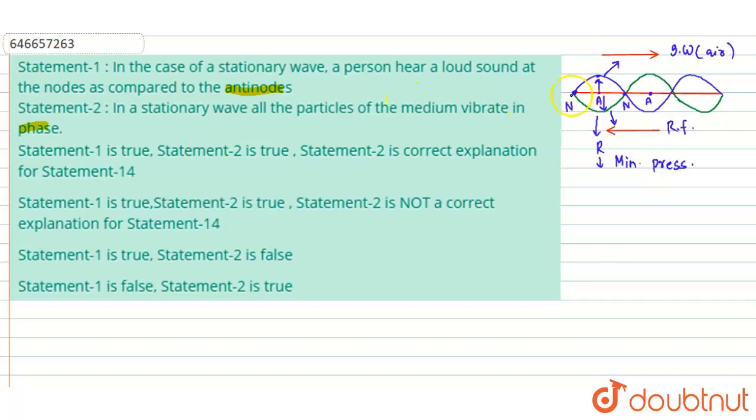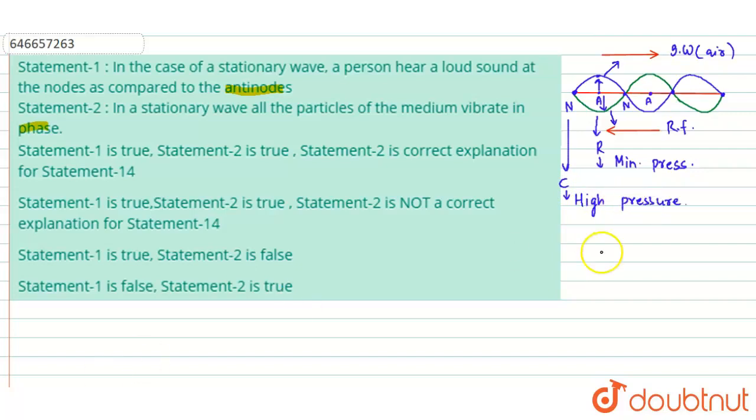Similarly, at this node, air is compressed. You can see that air is forced to compress at this point, so there is compression. Compression simply means high pressure.